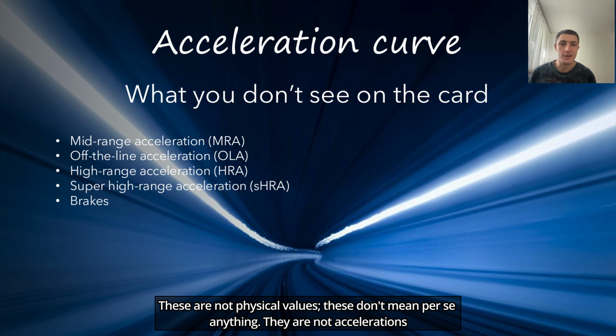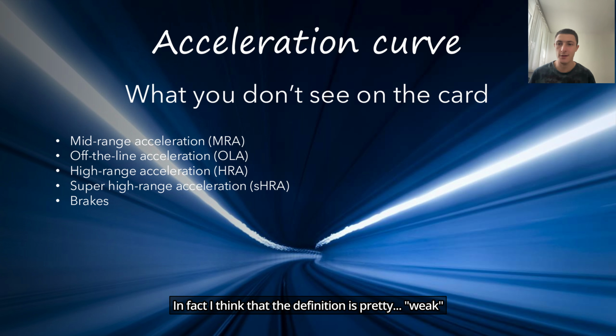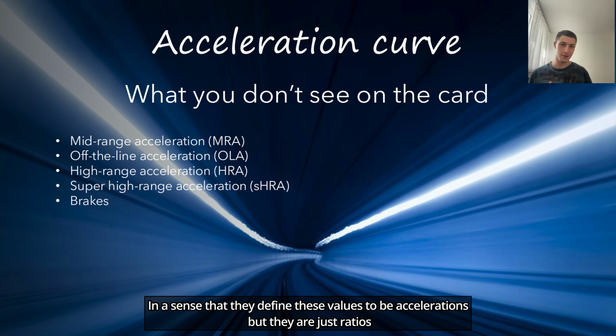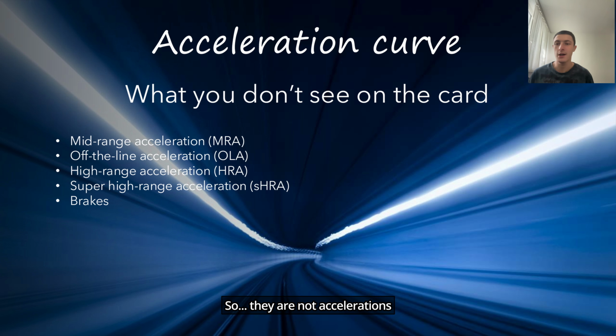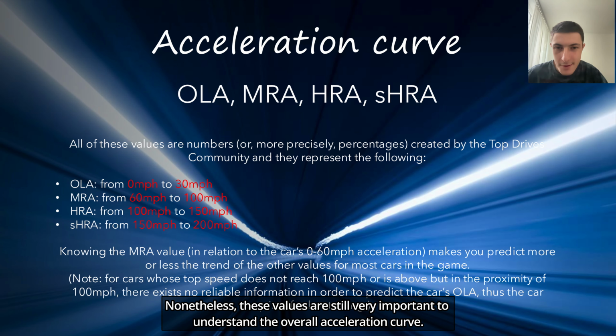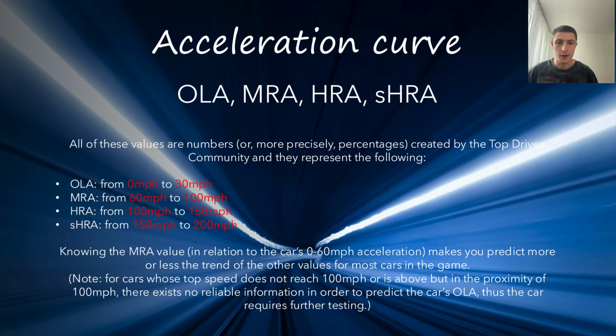They are not accelerations. In fact, I think that the definition is pretty weak, in the sense that they define these values to be acceleration, but they're just ratios, so they are not acceleration. Nonetheless, these values are still very important to understand the overall acceleration curve.